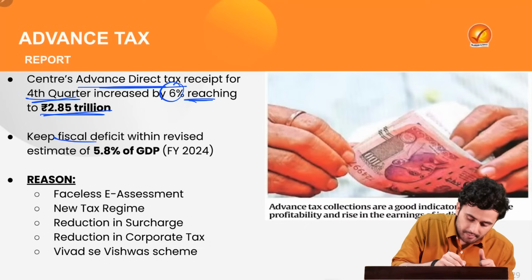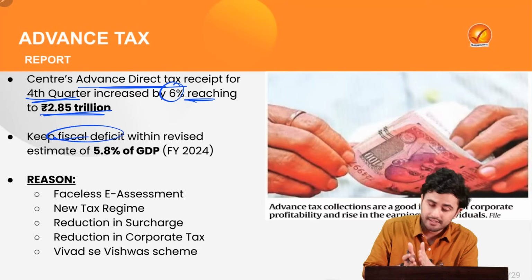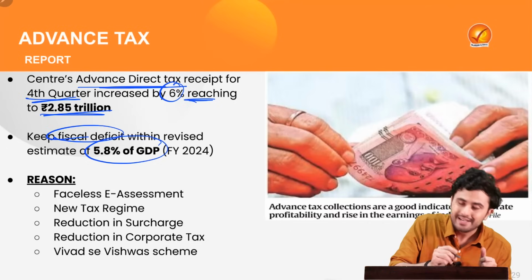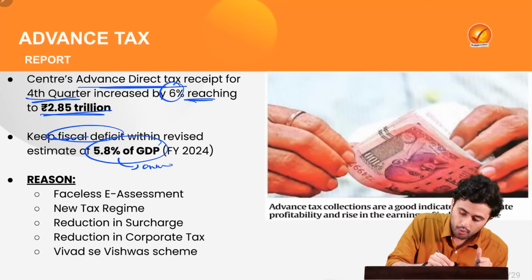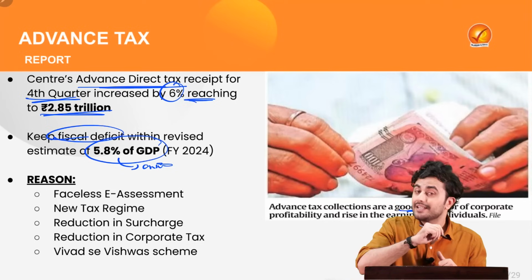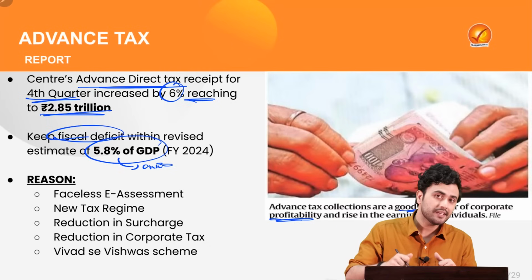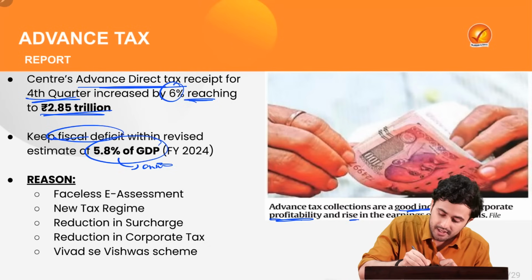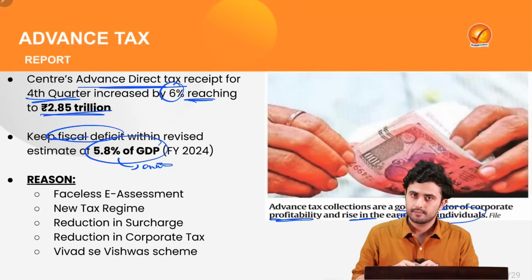At the same time, this will ensure the fiscal deficit target which the government has taken of 5.8% of GDP will remain ensured. Now, such advance tax collections are a good indicator of corporate profitability. At the same time, there is a rise in the earning of individuals.